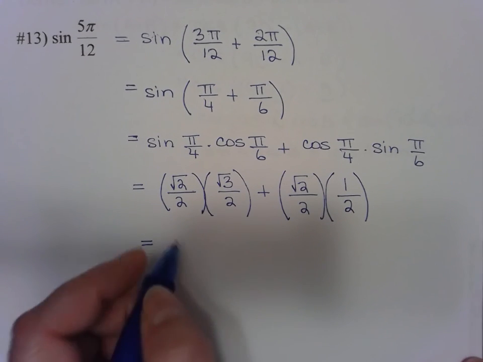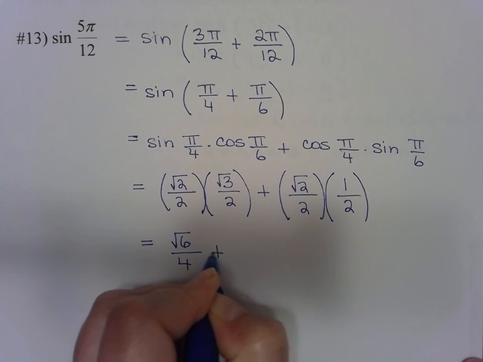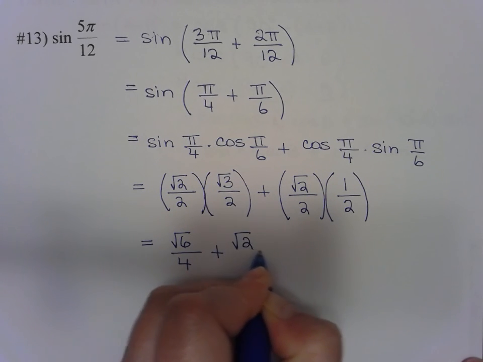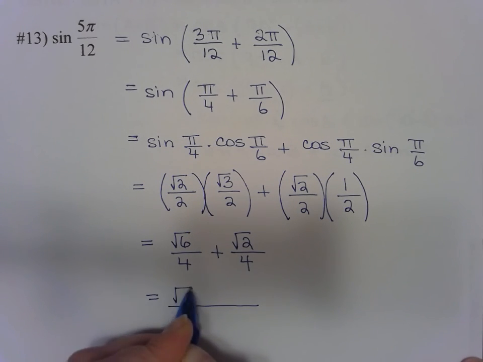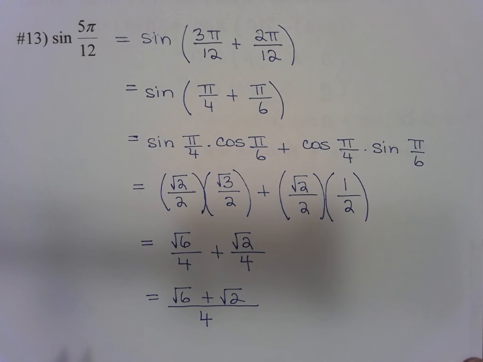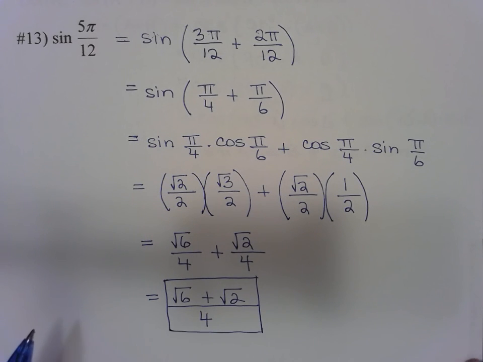So if I multiply these, I'm going to have the square root of 6 over 4 plus the square root of 2 over 4. If I want to combine them into one fraction, it's going to look like the square root of 6 plus the square root of 2 over 4. Again, this would be the exact answer, which is what we're going for right now. If we wanted to put it into our calculator and approximate it with a decimal, we could also do that.